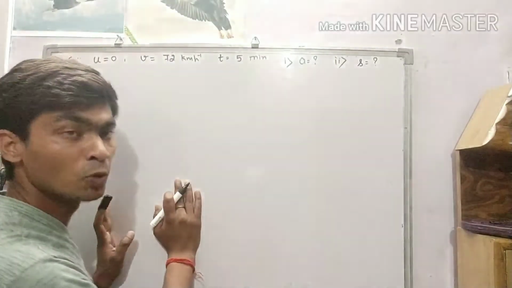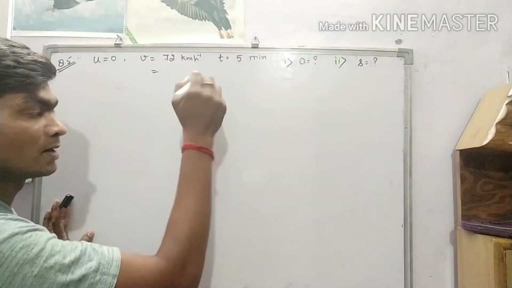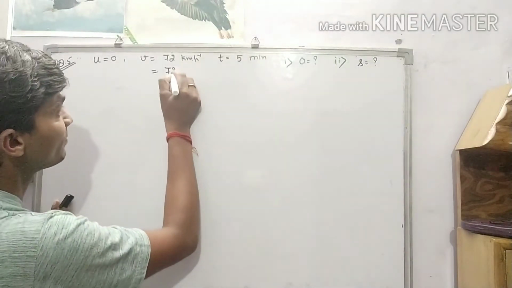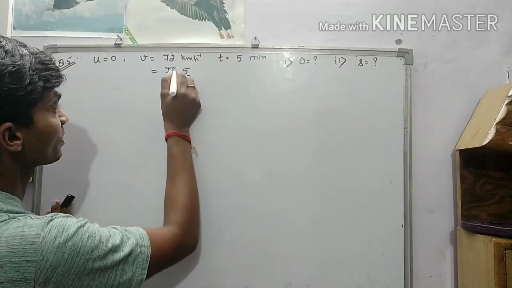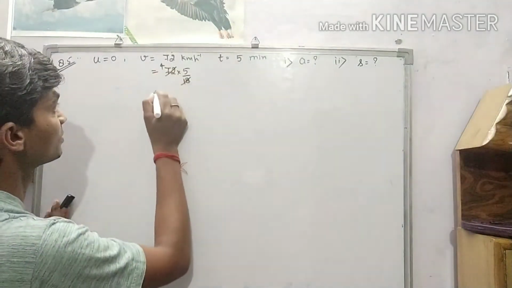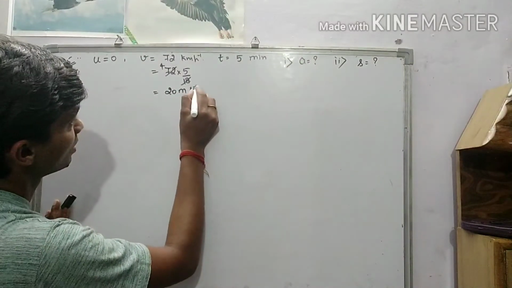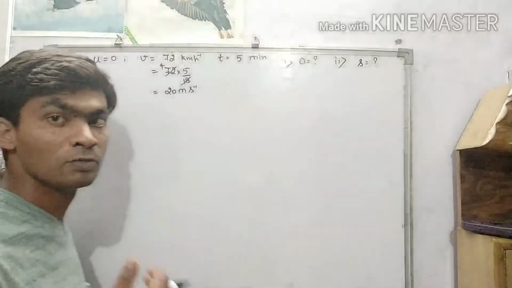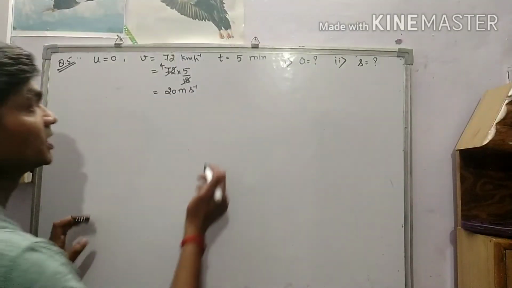This method will be easier. Whenever you are given any velocity in kilometer per hour, multiply by 5/18 to get it into meter per second. How it is 5/18, that I will explain in some other video, you will be informed later.